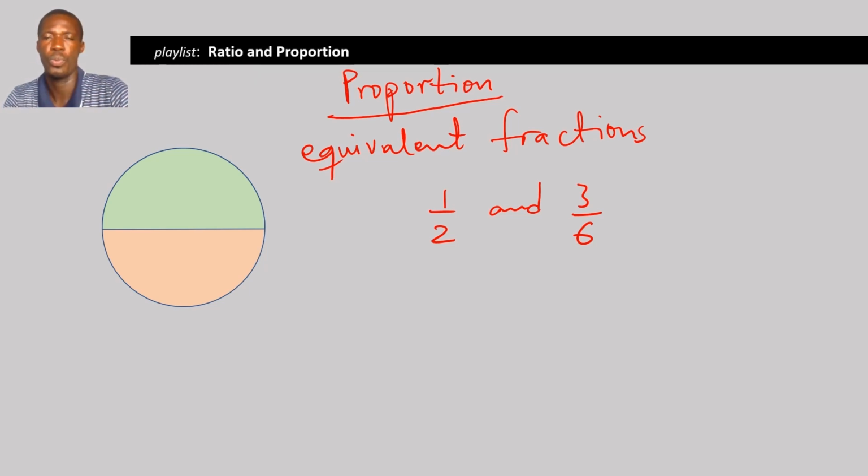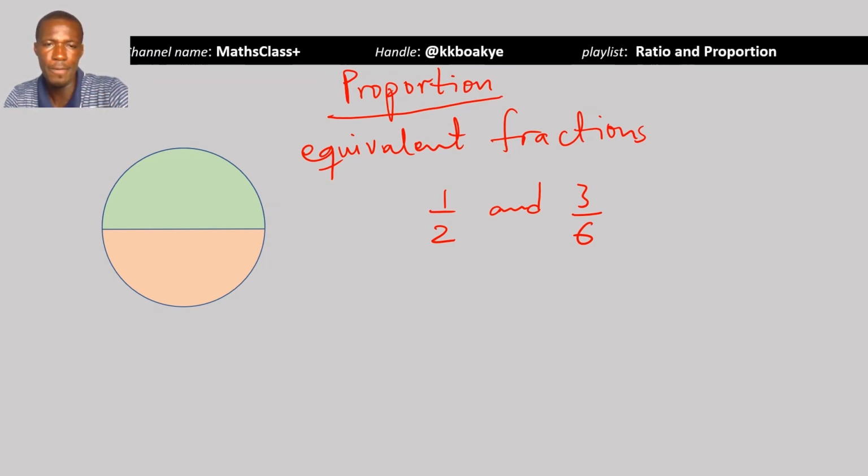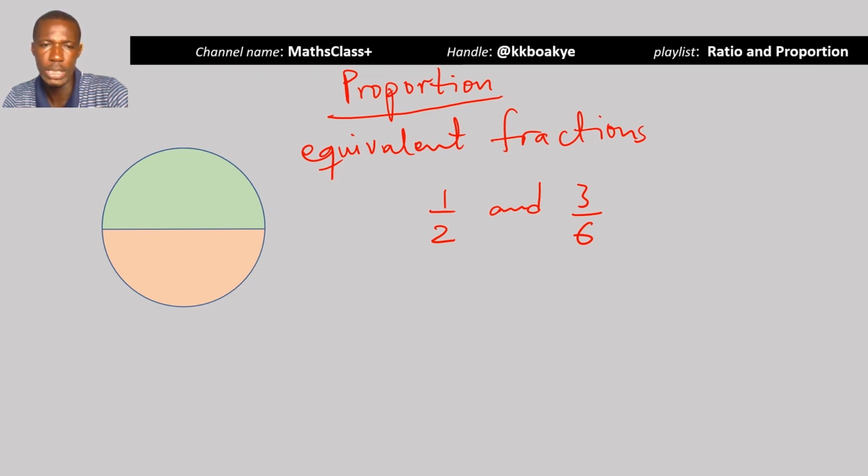So from the diagram here, we have a circle with a green background and an orange background. That is, we've divided the circle into two equal halves. So the fraction of the background with green color is 1/2.